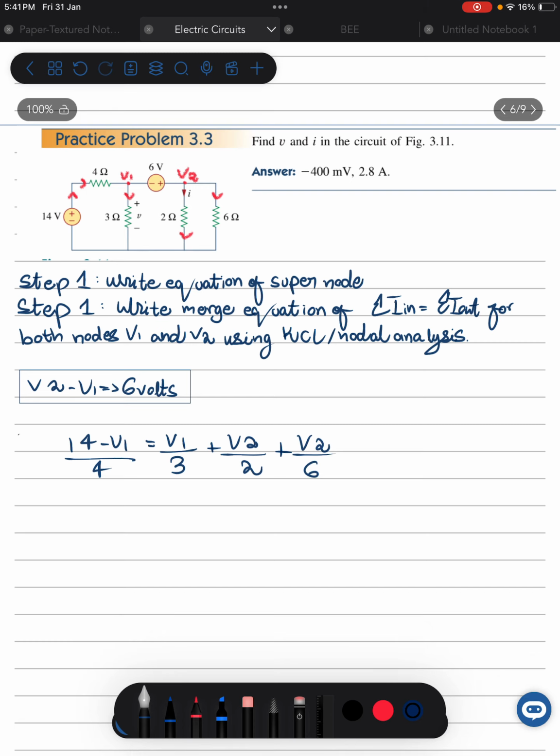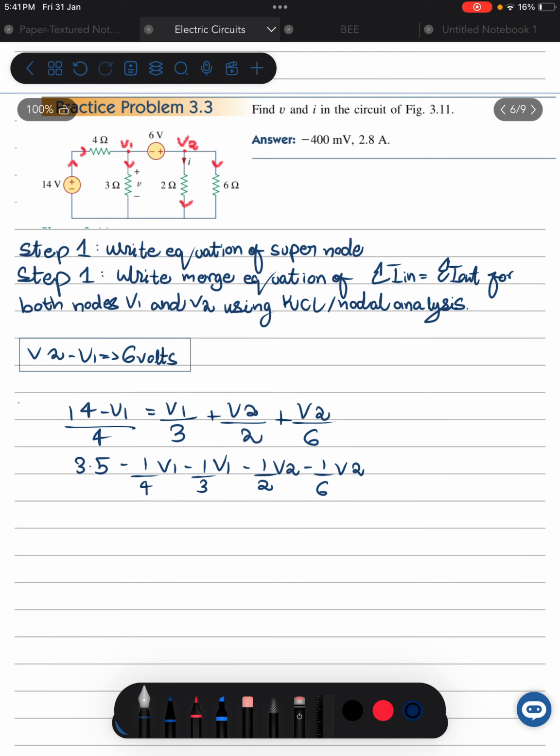Now we can simplify these. 14 divided by 4 is 3.5, minus 1 over 4 V1, minus 1 over 3 V1, minus half V2, minus 1 by 6 V2.